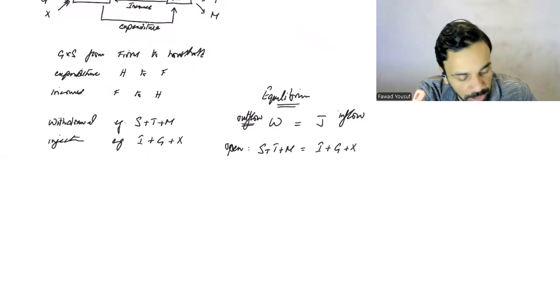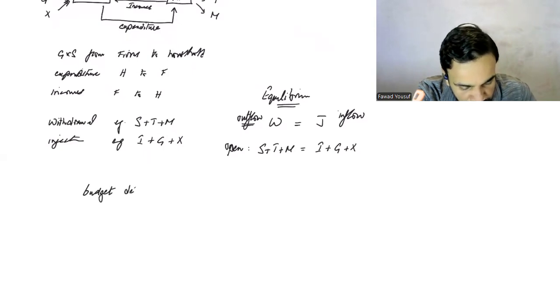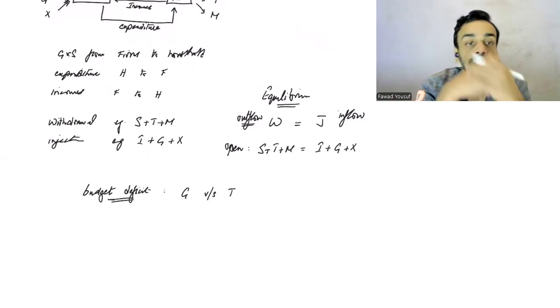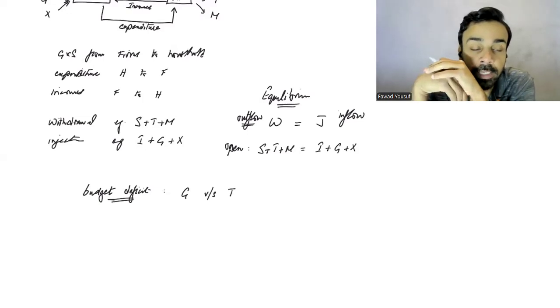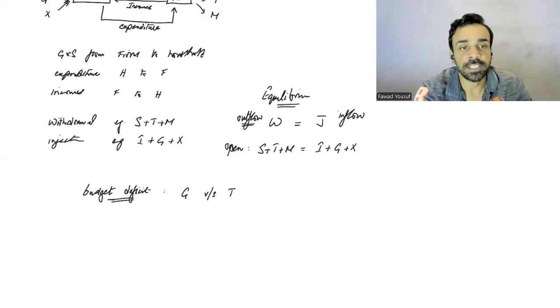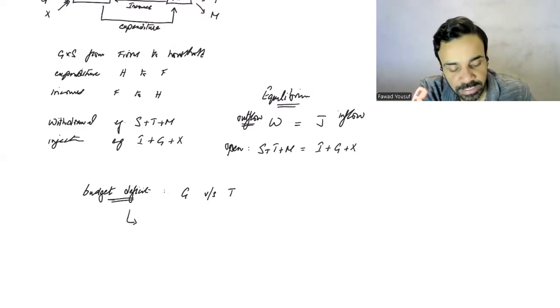So सबसे पहली बात, I feel what we need to talk about is, when we have a budget deficit, what does that really mean? तो हम कहते हैं budget deficit includes two things. One is government spending, and the other is the taxation that the government takes, right? Government spending and taxation.